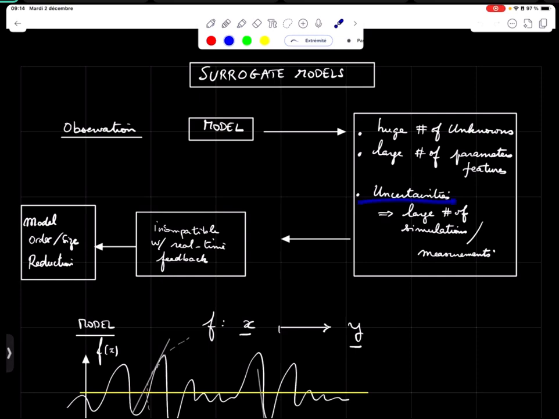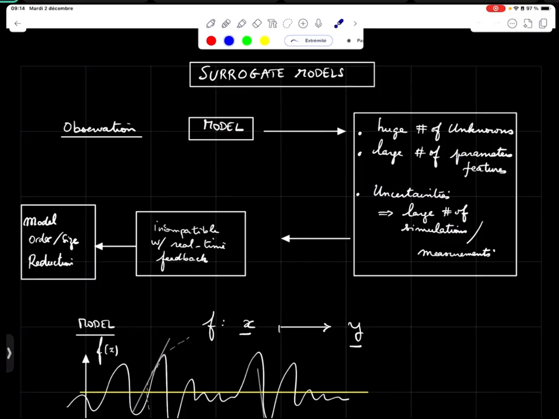Then on top of that, you have uncertainties, meaning that these parameters we talked about, you have the PDE, they have all these coefficients. In this B, you have a lot of parameters hidden. That could be a sum of beta i times some function of u.